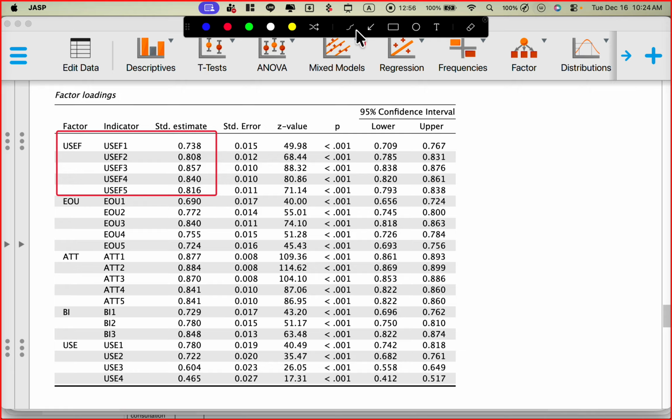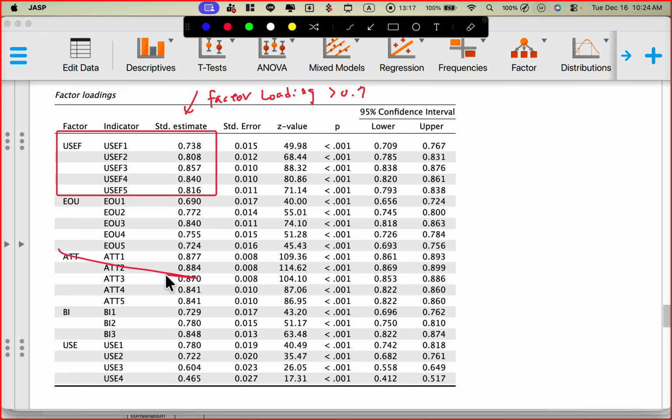Now this one is factor loading, right? This column is called factor loading. Greater than 0.7 is better. So all of it, and ease of use, this one is not, it's quite close, but it's okay.